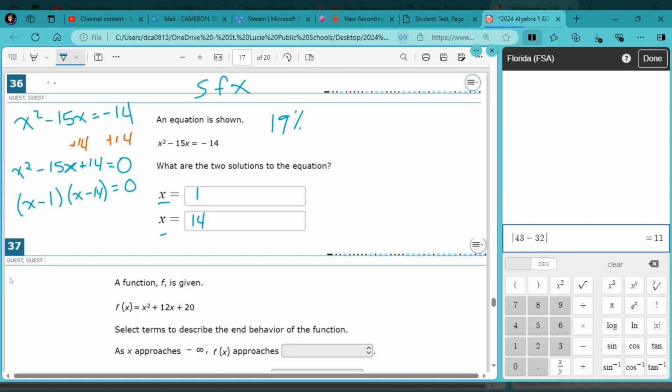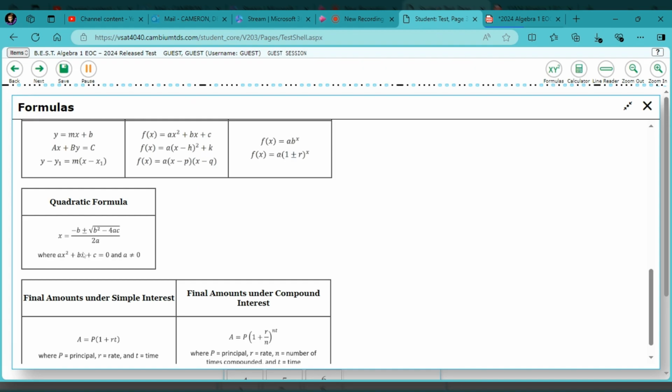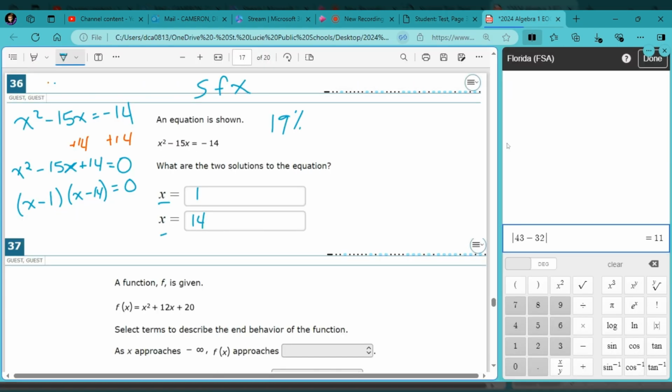But on your test, you are given the quadratic formula, which says that x equals negative b plus or minus the square root of b squared minus 4ac all over 2a. You don't have to type in x equals.